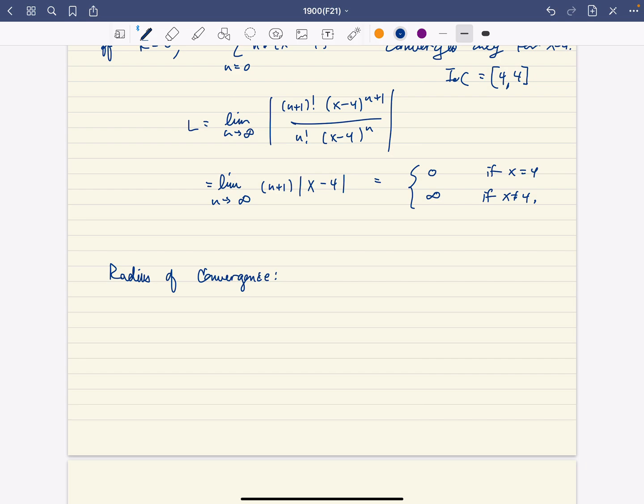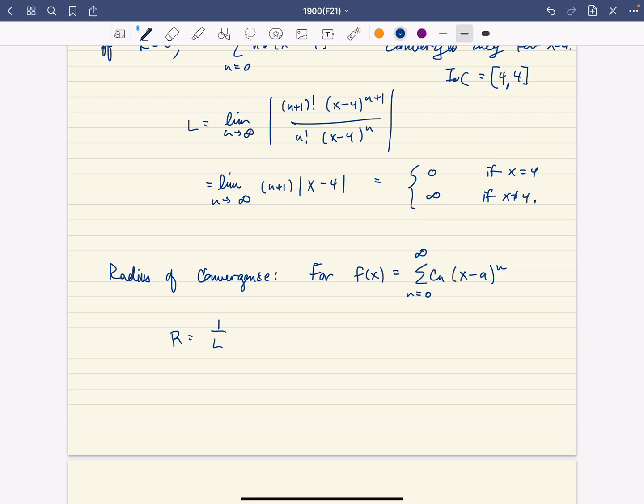And so if you have the function c sub n, x minus a to the n, it turns out that the radius of convergence is going to be given by basically the root test just applied to c sub n, where we're going to take 1 over it.